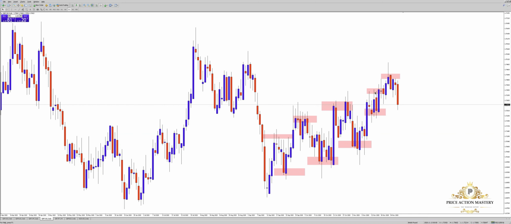Okay, let me relocate this level. Here is the higher high.